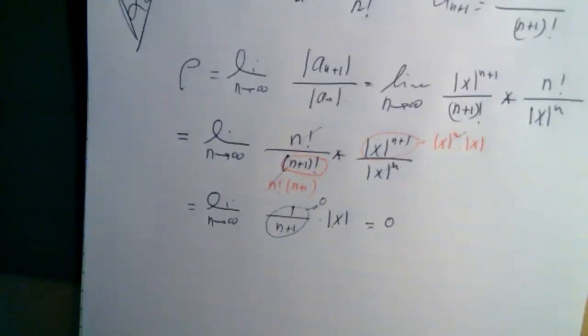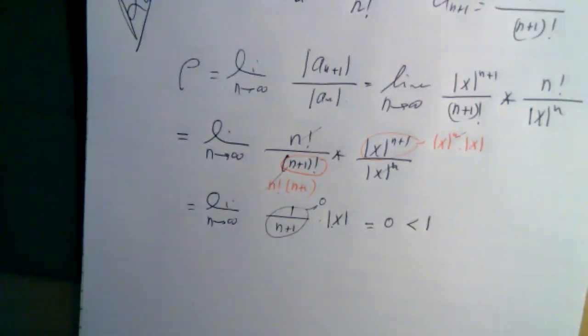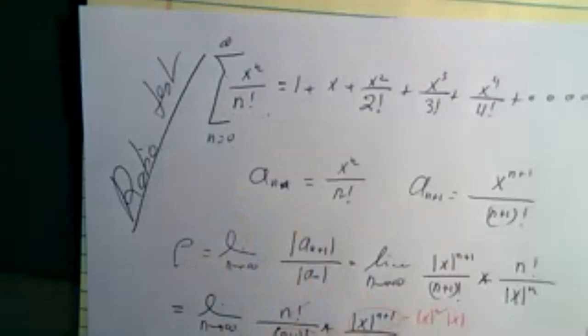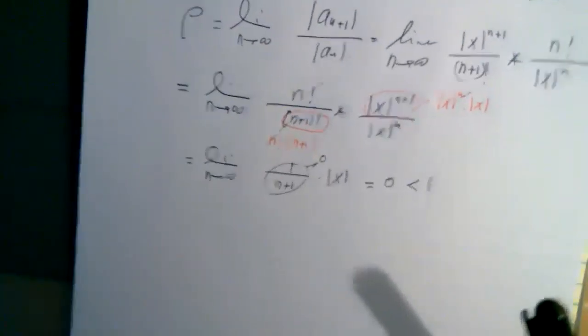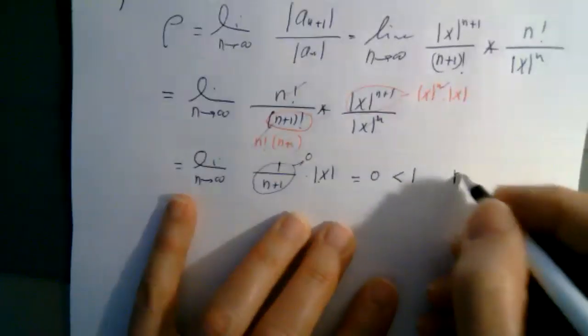So what does this mean? Which is less than 1, of course. What does this mean, you think? So I computed the ratio, and I got that it's equal to 0, less than 1, regardless of what x is.